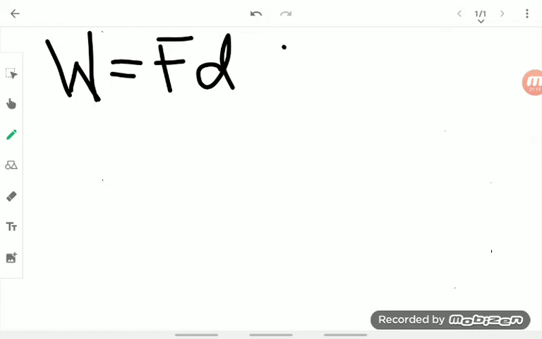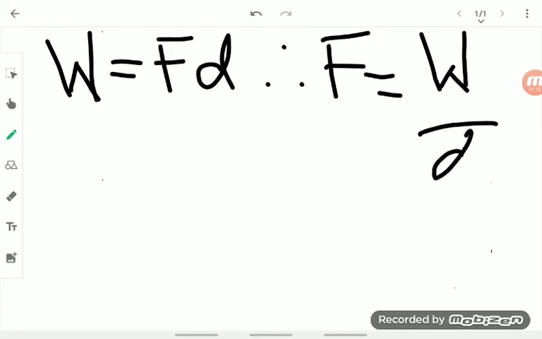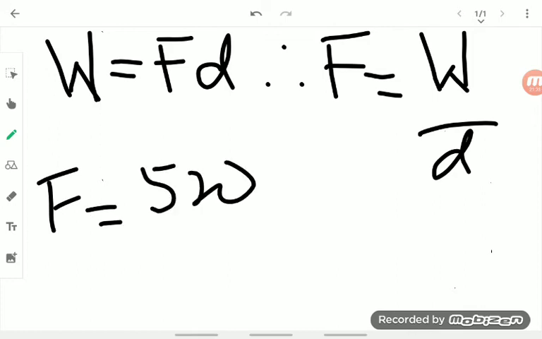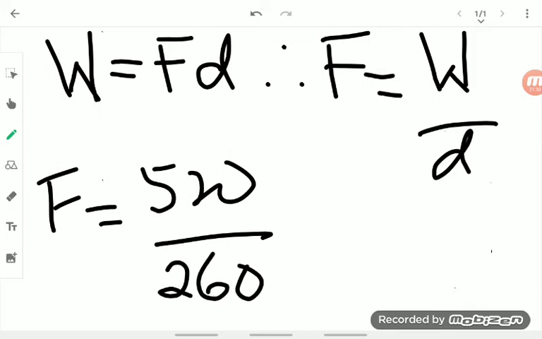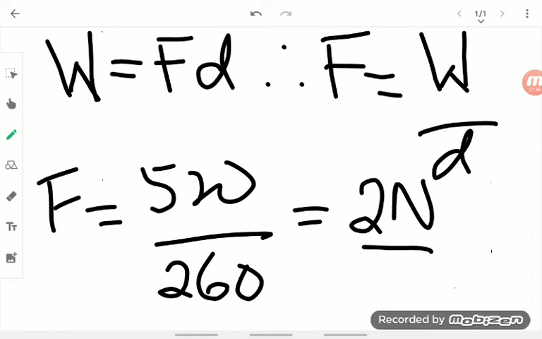So if we want to find force, then force is equal to work divided by distance. So force is equal to 520 joules divided by 260 meters. I believe that works out to 2 newtons. So that would be our answer, 2 newtons.